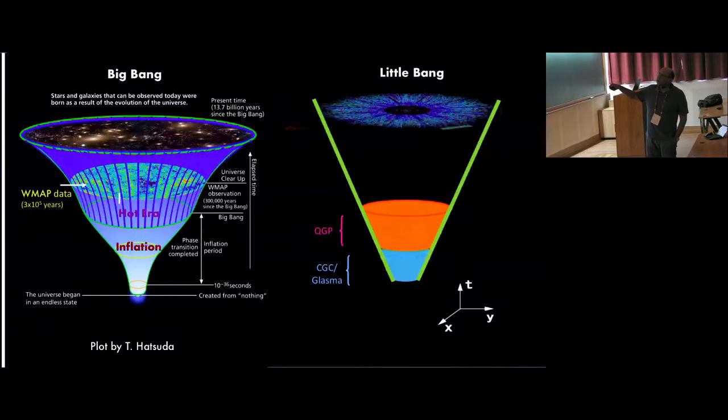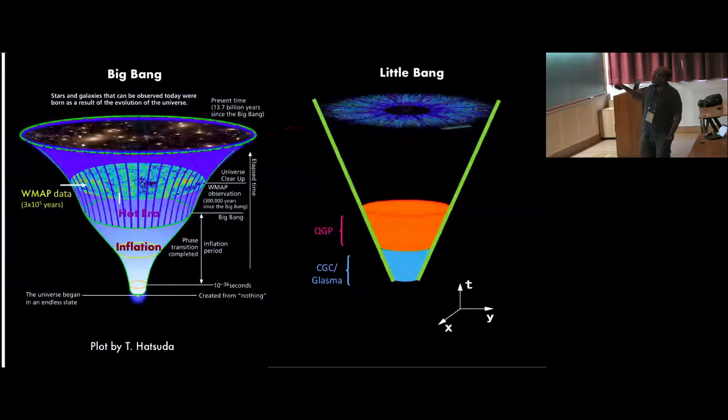What that told you is that you could look back further into the early universe, which you thought was completely inaccessible. So you could learn by looking at the anisotropies something about the quantum fluctuations in the very early universe that seeded these anisotropies that we're able to see today.